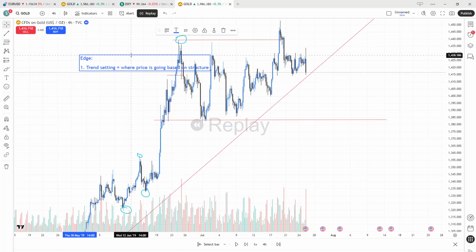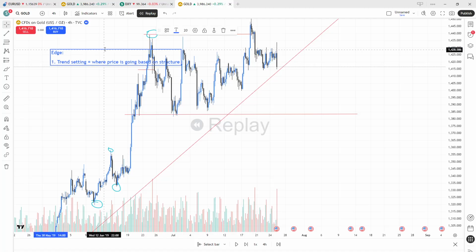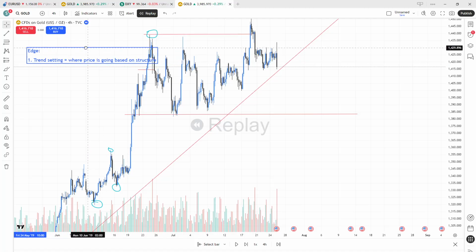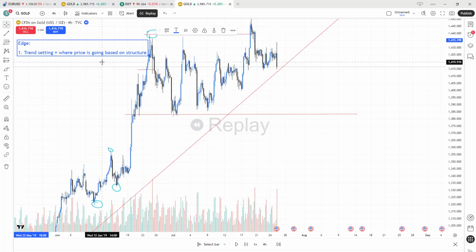So here we establish that price is going up. It's fully bullish, right? But we do see that there's a break of structure here for price to come back and then continue down further, right? So that's our confirmation of the pullback.